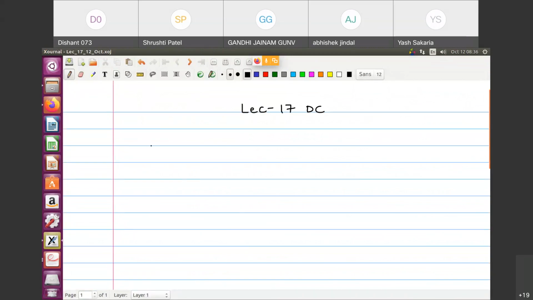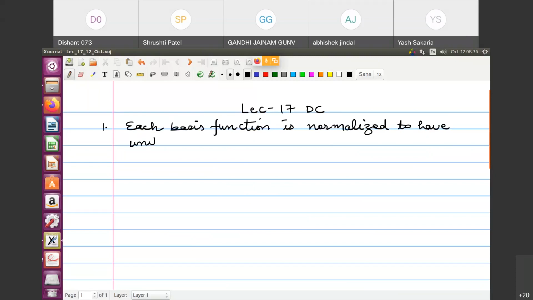So continuing from lecture 16, I am writing that each basis function is normalized to have unit energy. That is, we know that they are orthonormal, they must have unit energy. I am just writing what we have written mathematically towards the end of lecture 16.